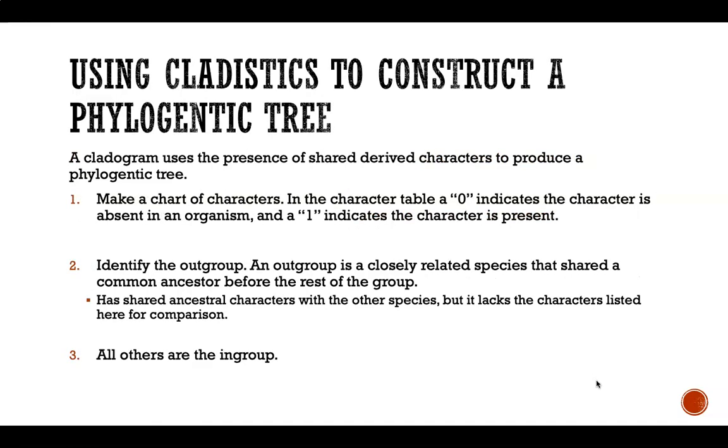So we're going to be using the process of cladistics to construct our phylogenetic trees. So phylogenetic trees can be constructed in many different ways, but we are going to be using cladistics, which uses the idea of shared derived characteristics in order to identify your branch points and your more closely related species.